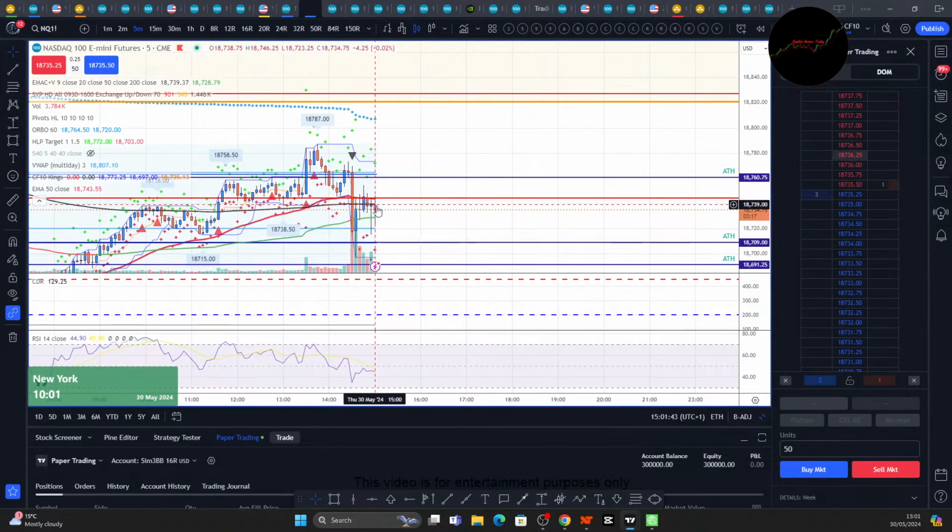It is a bit tempting to take a short here with a stop up at 54, looking for the move back down, but we're seeing this buy up off VWAP, bought back up, bought back up, bought back up. Battery's low. There we go.